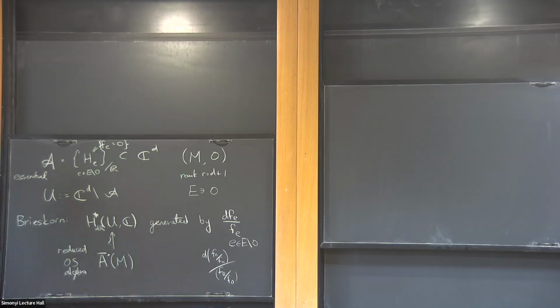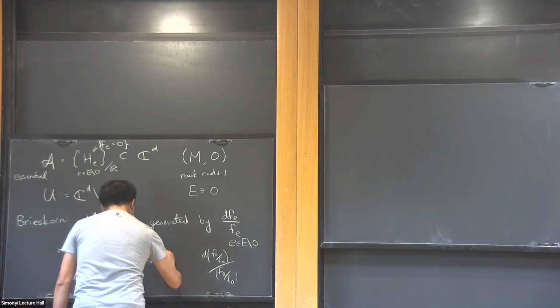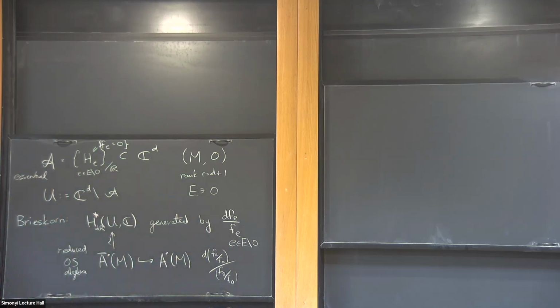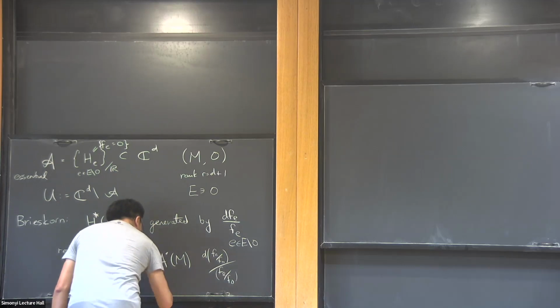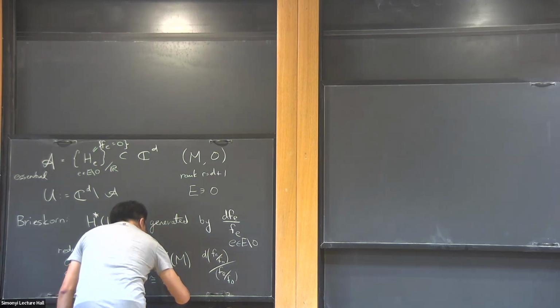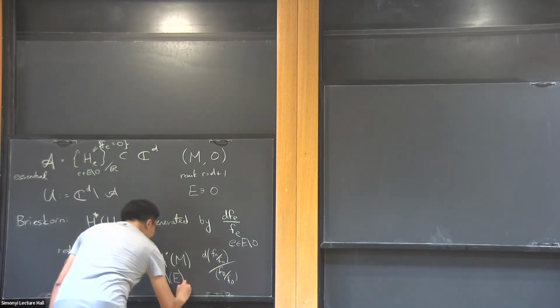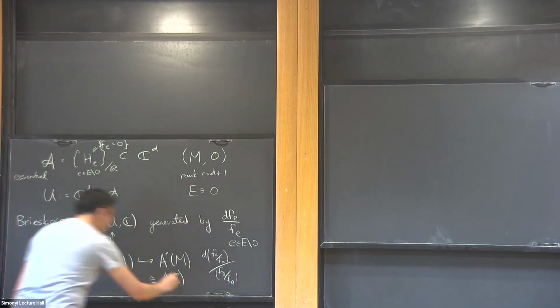And it sits inside the actual Orlik-Solomon algebra, which is isomorphic to an exterior algebra on this ground set E over the complexes modulo some ideal.